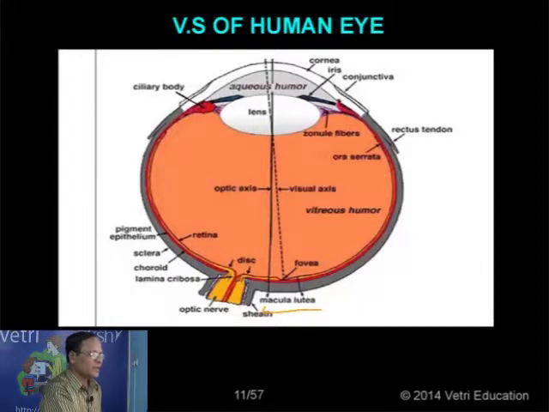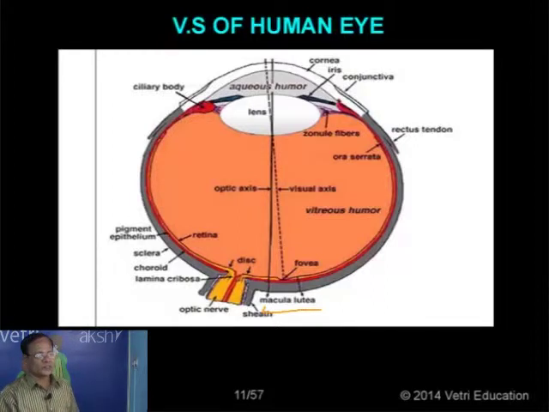This is a part of the retina lying opposite to the pupil, where the light is being focused directly, and this is called the macula lutea, or yellow spot, or area centralis.